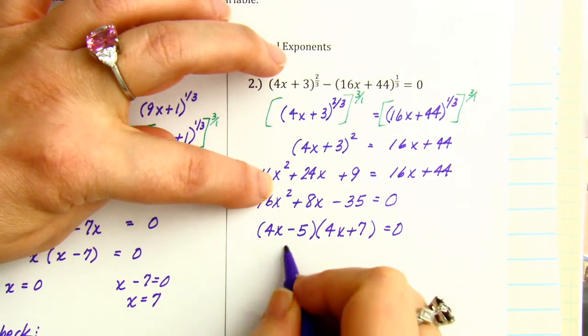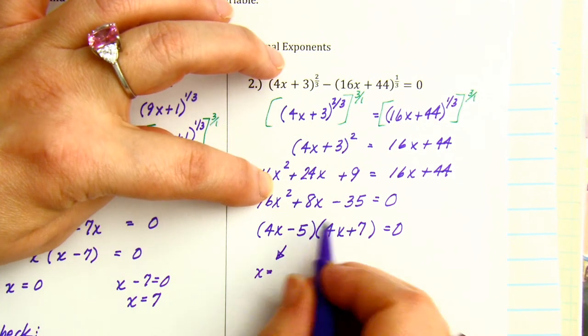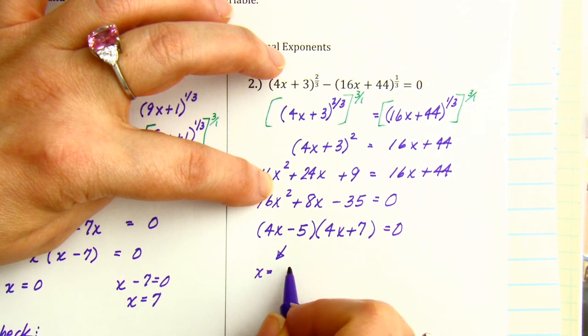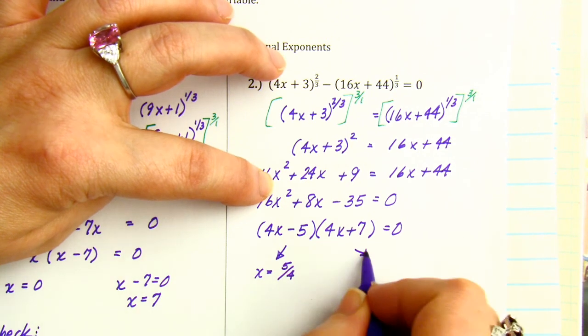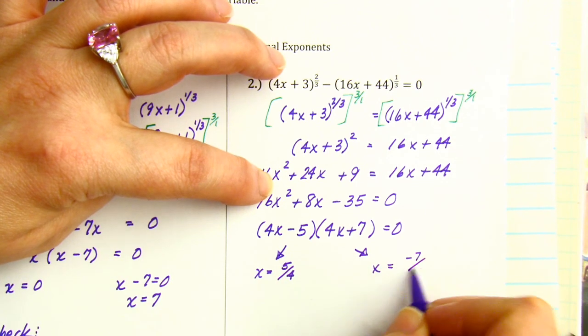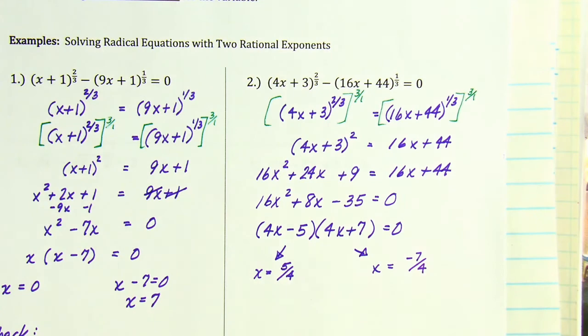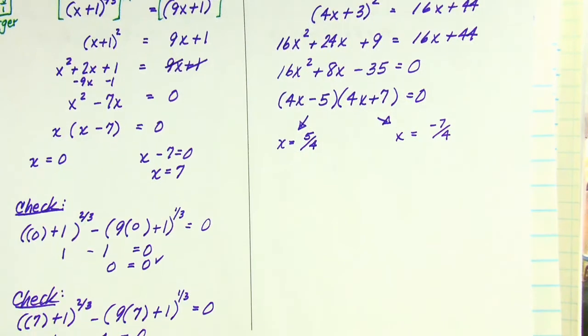ZPP here. X equals, you're going to add the 5 and divide by 4. The ZPP here, you're going to subtract the 7 and divide by 4. I have to do a check for both of these.